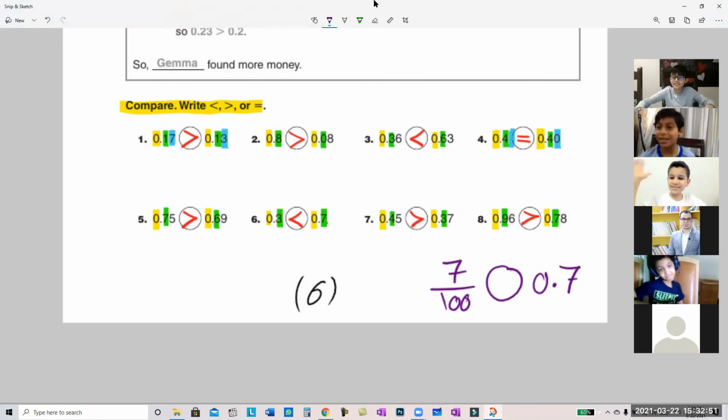Oh, I know it. Easy peasy. 0.7 is greater. Because the right one is greater, right?